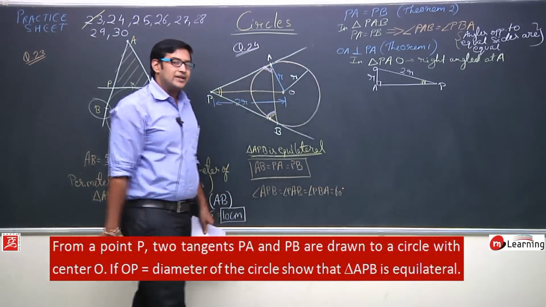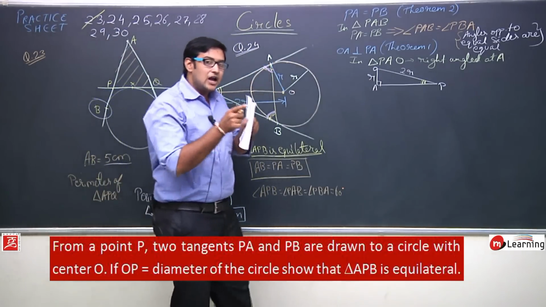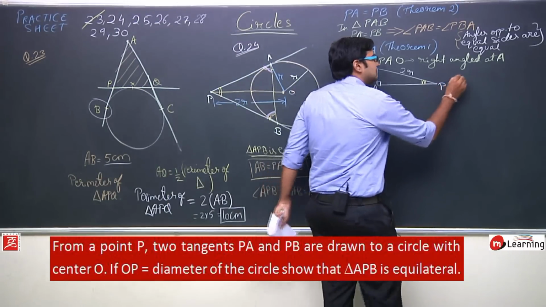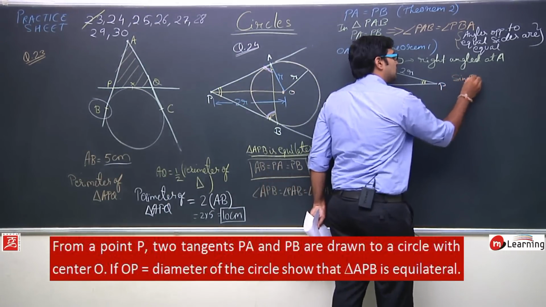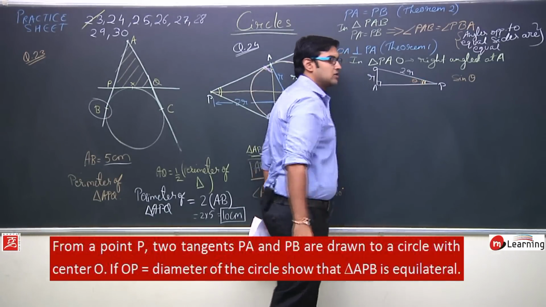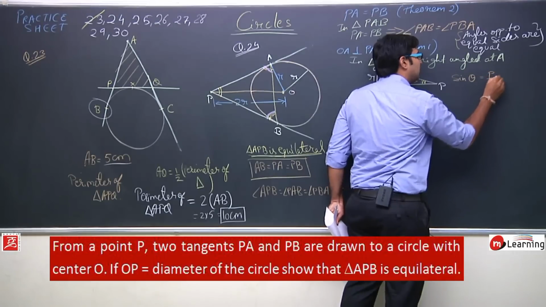So, what is the trigonometric ratio that relates perpendicular and hypotenuse? That relation is sine of angle theta. Let us say this is theta. So, sine theta is perpendicular upon hypotenuse.